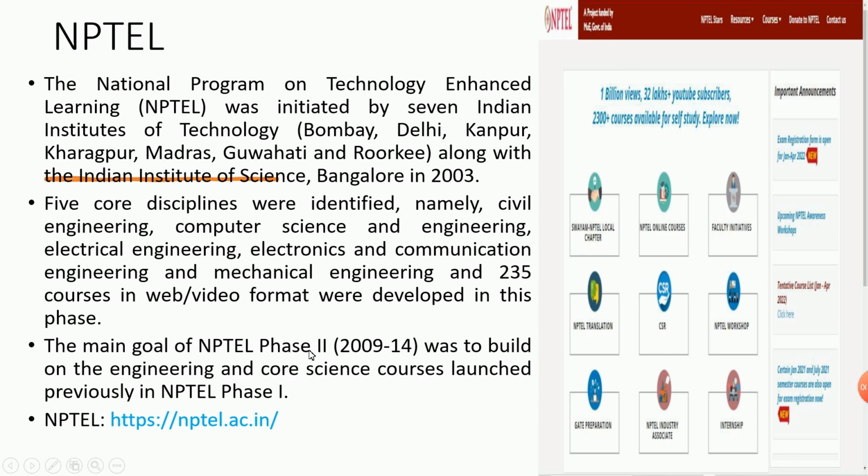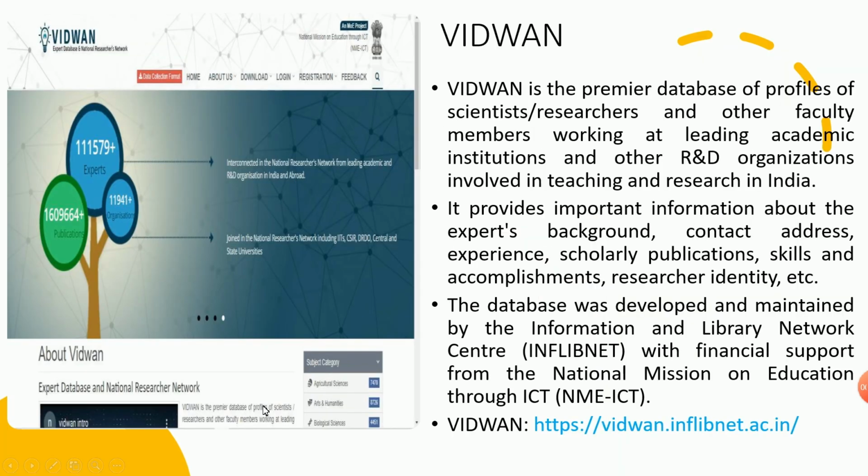So the main goal of NPTEL phase 2, that is from 2009 to 14, was to build on the engineering and core sciences courses launched previously in NPTEL phase 1. So all the major NPTEL courses would be majorly engineering, but other similar relevant courses are also available here. So this is the website view. Then this is the website link.